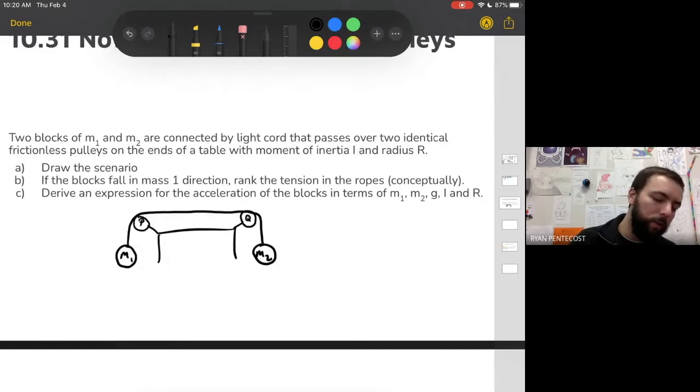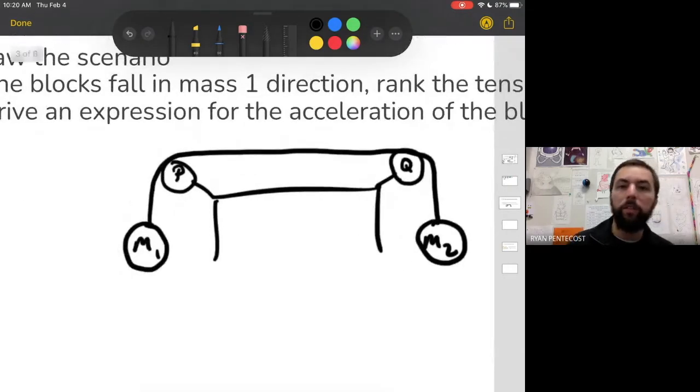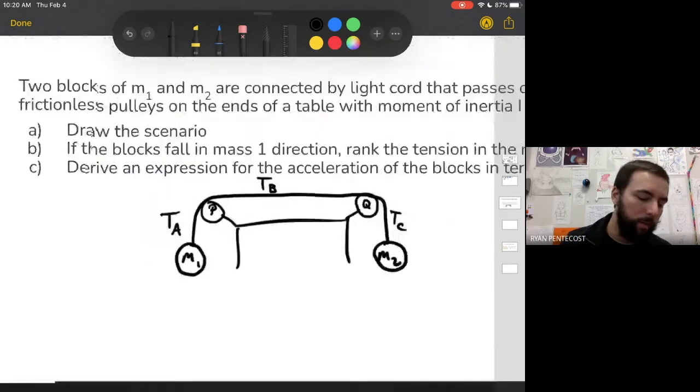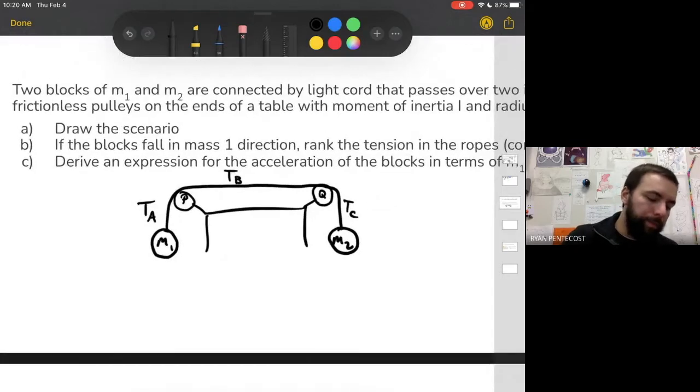Now I also want to clarify that these tensions are going to be really important. The next question will emphasize that. So we're going to say that this is tension A, tension B, and tension C, just because I number things left to right. So that's the situation we're dealing with, and then we obviously have M1G and M2G involved as well.